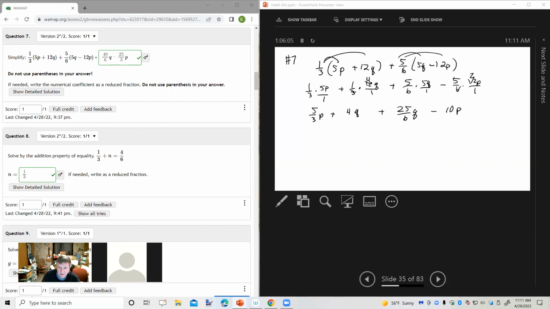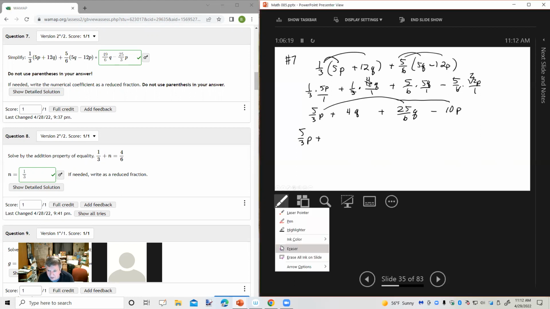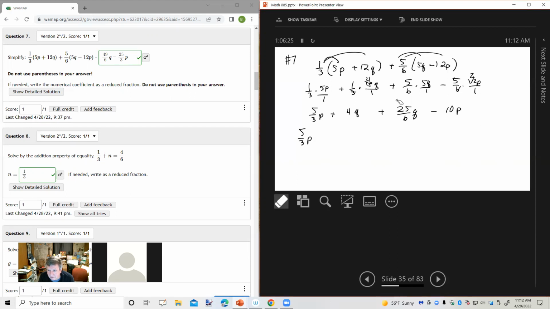All right. Combining like terms, 5/3 p. Oh, wait a minute. Sorry, I can't tell my p's from my q's here. Let's try this again. This is what I get for trying to hurry.